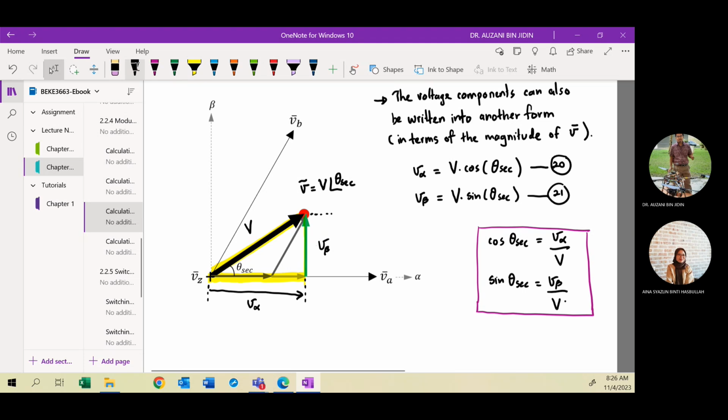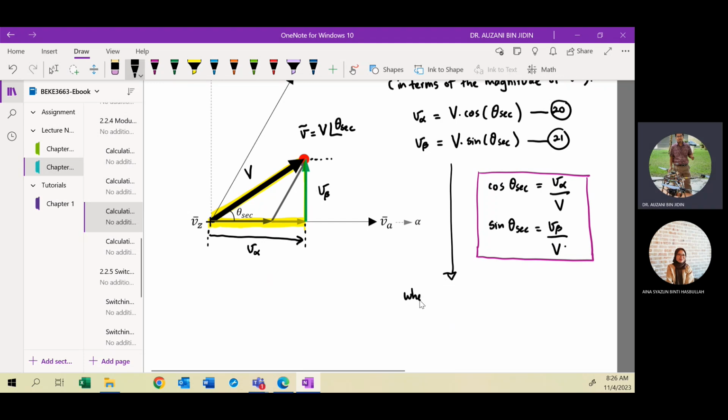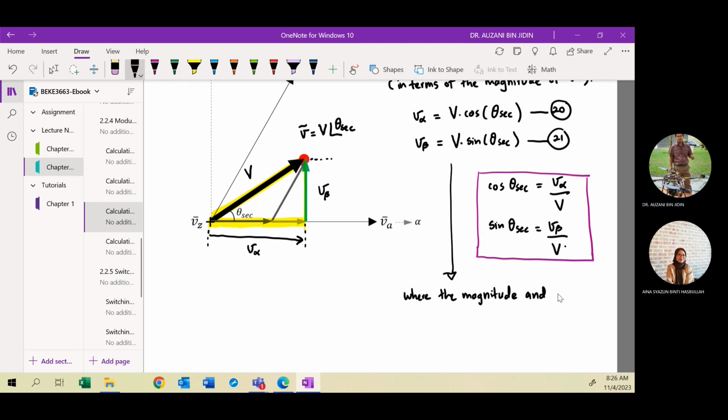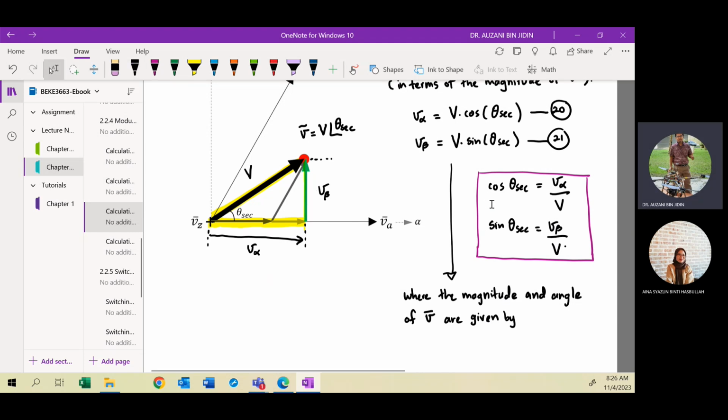Where the magnitude and angle of the space vector are given by, or can be calculated as follows. How to calculate the magnitude? You apply the Pythagoras theorem. V is equal to the square root of V alpha squared plus V beta squared.